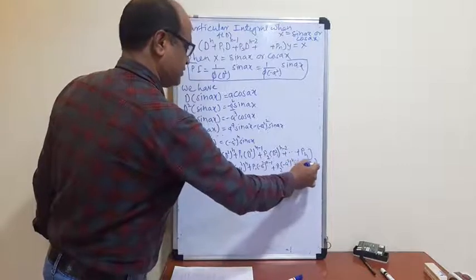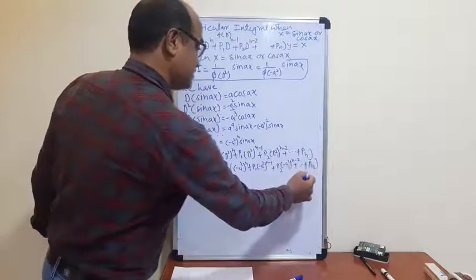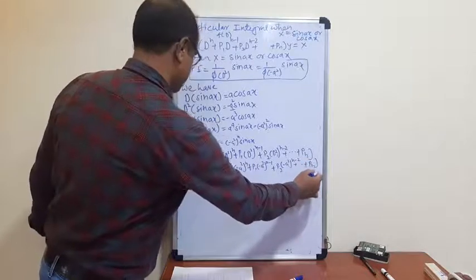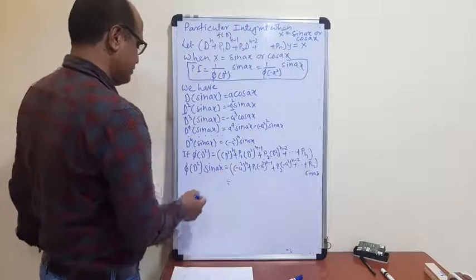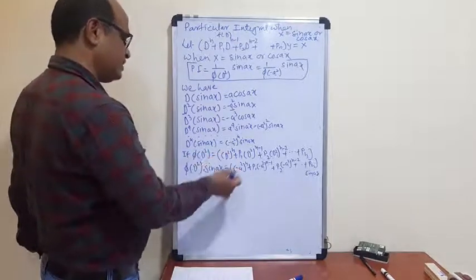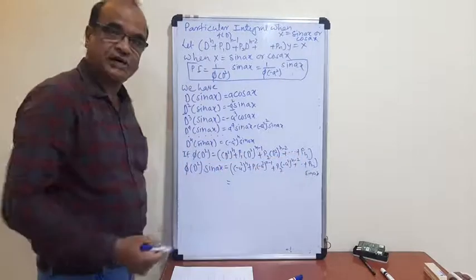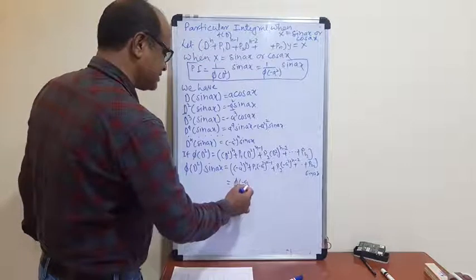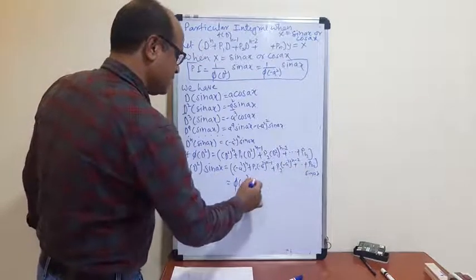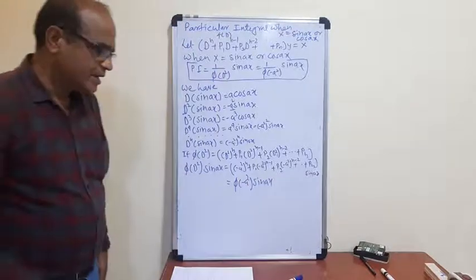So this operates on sin x. If this is phi of d square, then this is equal to phi of minus a square into sin ax. Okay, sin x.